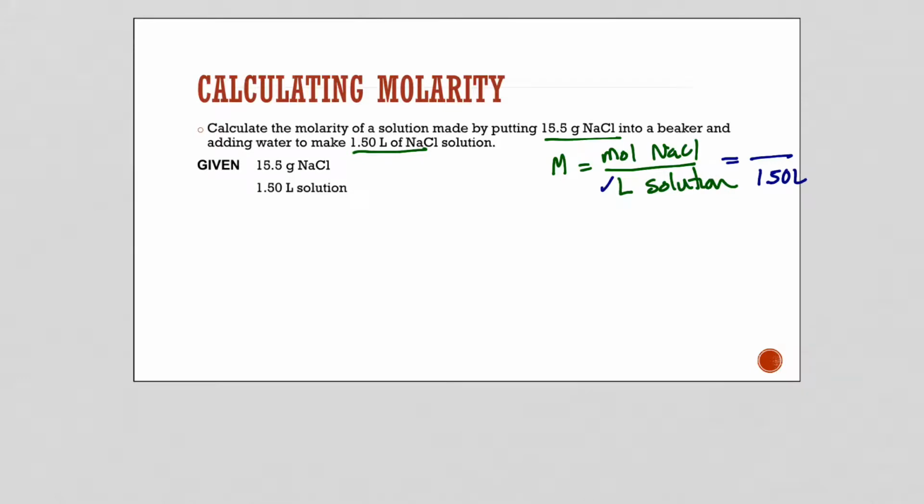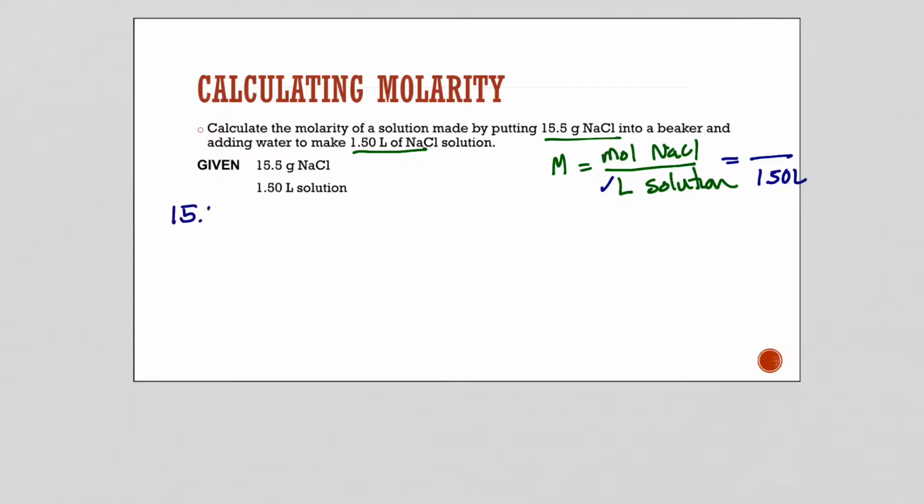Now, what we don't know is the moles of sodium chloride. So something we'll often find in these problems is that we'll be given an amount in mass and we'll need to convert it into moles. So again, we have to go back to what we've learned previously on how to convert between grams and moles and do that conversion. So let's do that now.